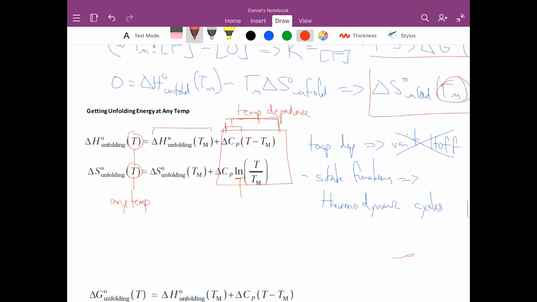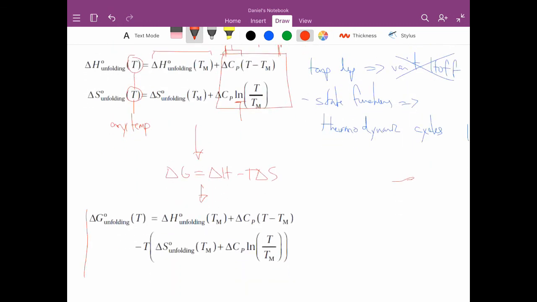So you can plug the enthalpy change and entropy change into our familiar equation, delta G equals delta H minus T delta S. And then you can get this really cool equation for the Gibbs free energy change of unfolding a protein at any temperature.